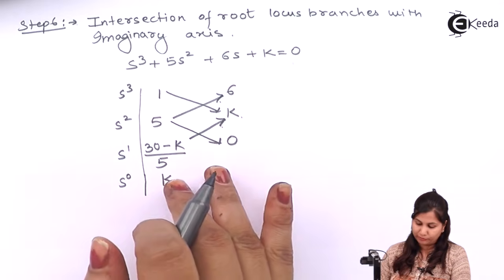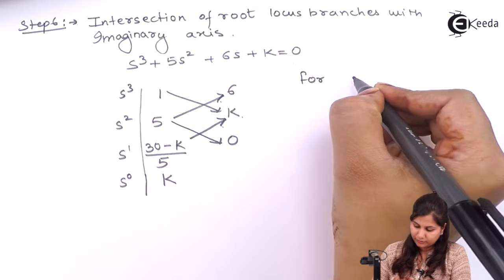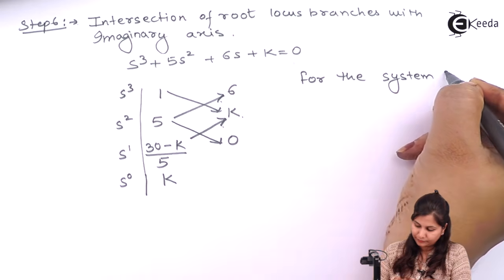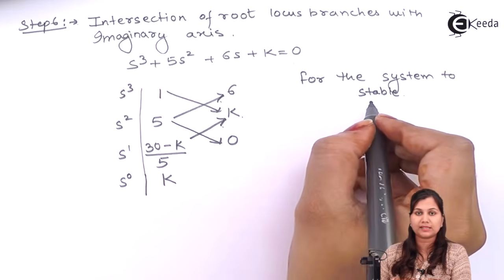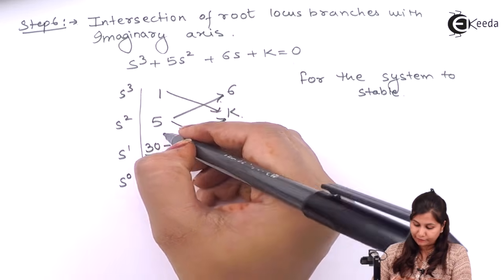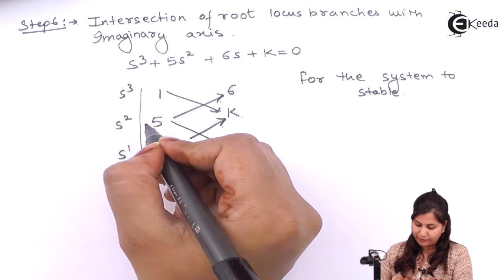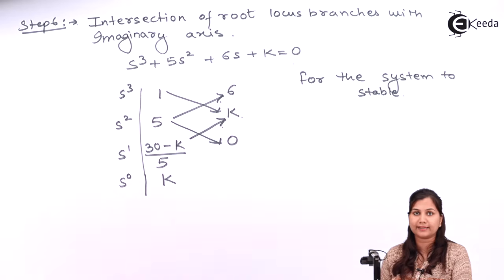We have formed the Routh array. Now for the system to be stable, in the Routh stability criteria the system is stable when in the first column there is no sign change. That is, all the coefficients should be positive, greater than 0.